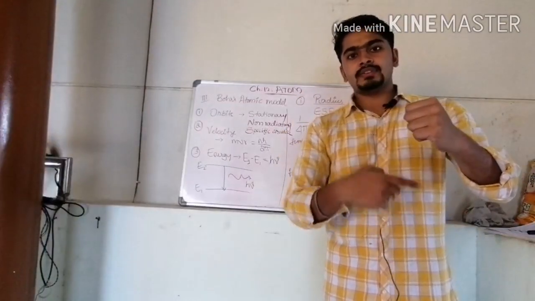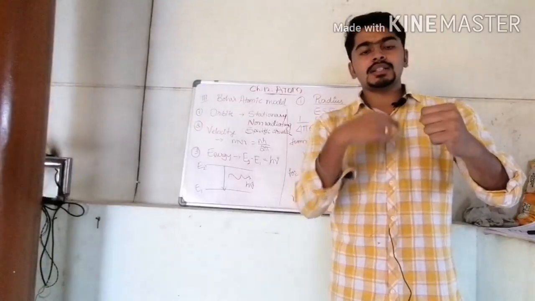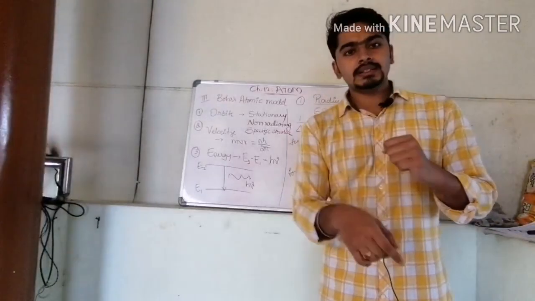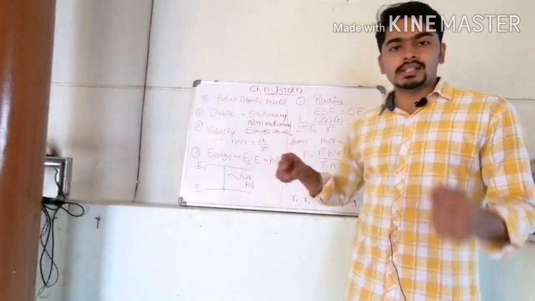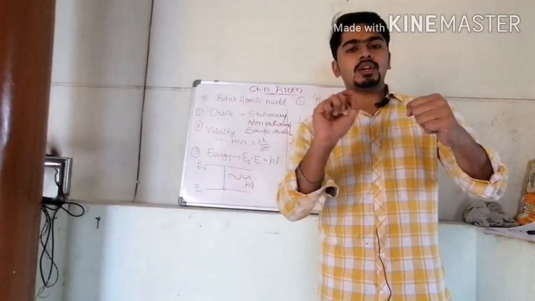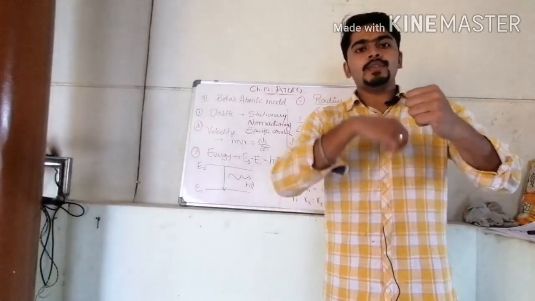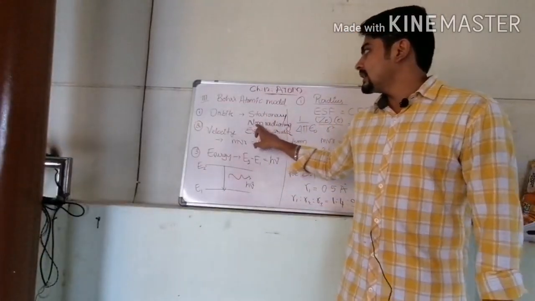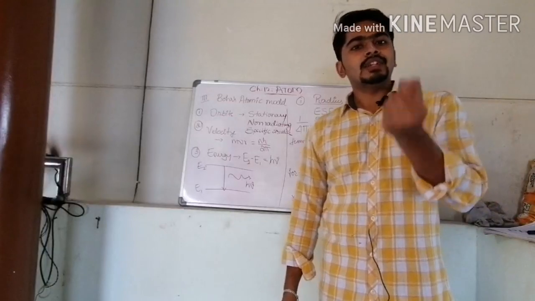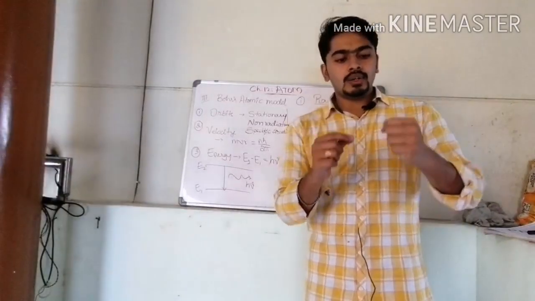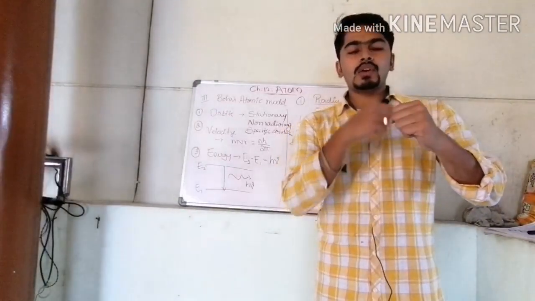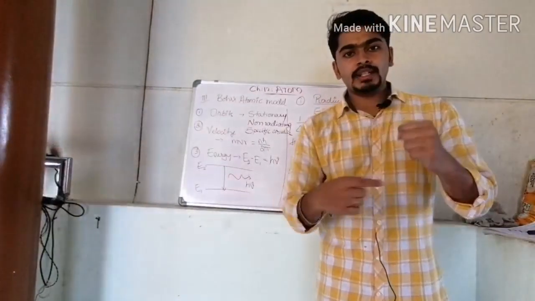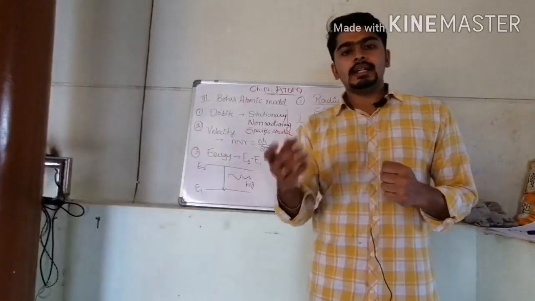It traces a specific path. That path or orbit is of circular shape. And it is stationary. The path is stationary, but not the electrons. Electrons are revolving in that specific stationary path, and one more thing is it is non-radiating. If an electron is revolving in its own orbit, it won't radiate any energy, so that orbit is called a non-radiating orbit.